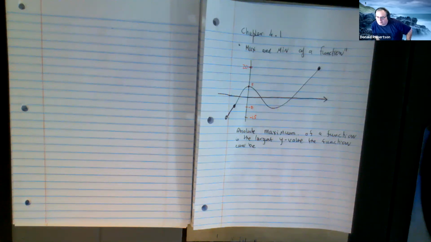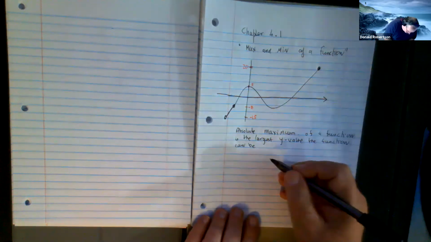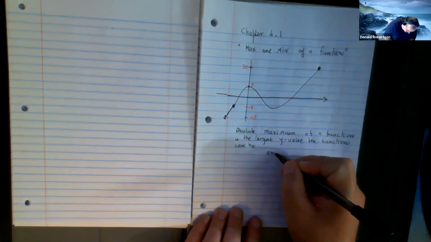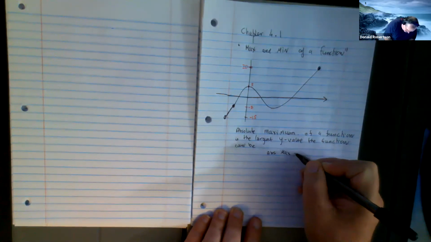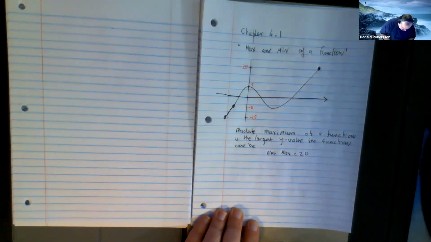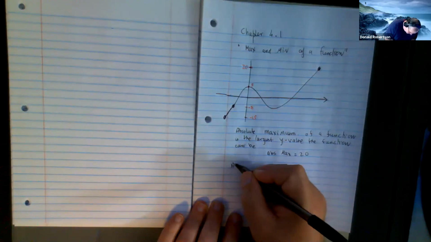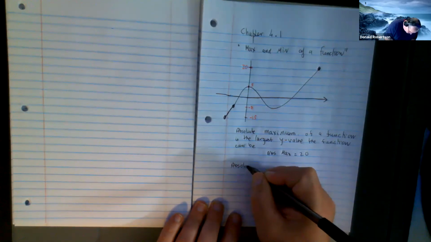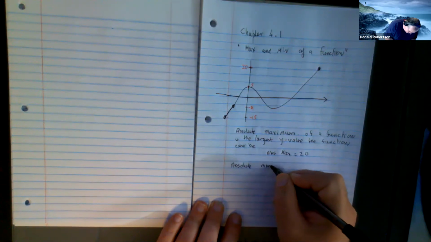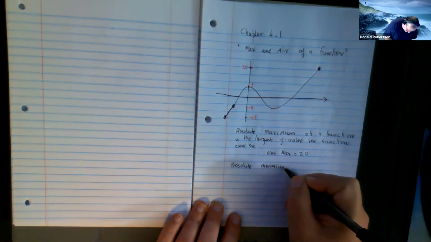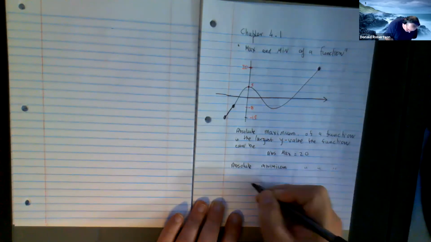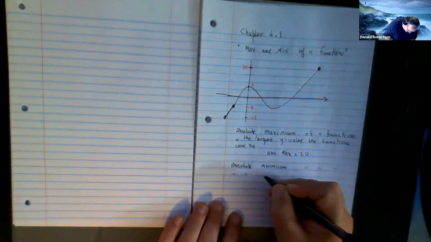Right, so the maximum value is 20. So I won't write that sentence. I'll just say absolute maximum is 20. And absolute minimum is basically the same sentence with one change.